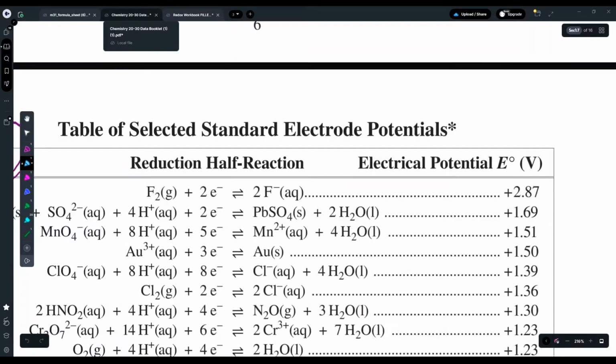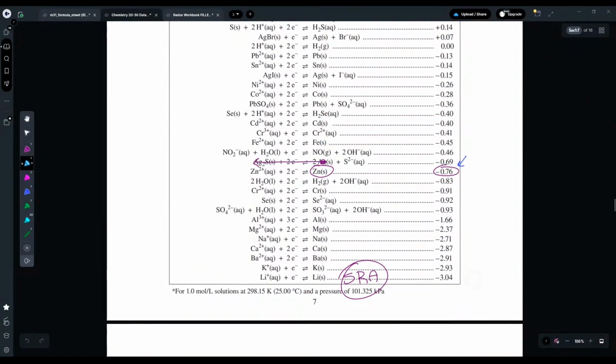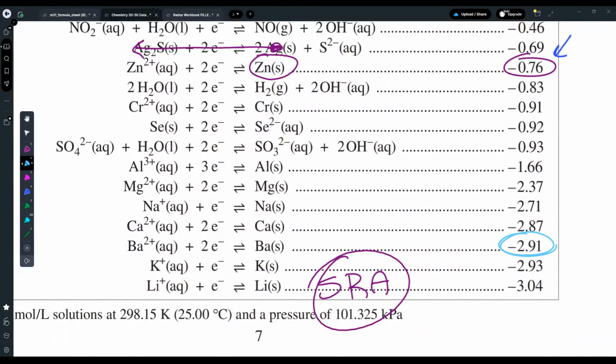So if I go to my table and I find negative 2.91, I'm finding it right here. So let's clean this up a little bit. That means that the half reaction occurring at the anode is this one. Now keep in mind, at the anode, an ox gets thin. At the anode, oxidation happens. So we're reading this reaction backwards here.